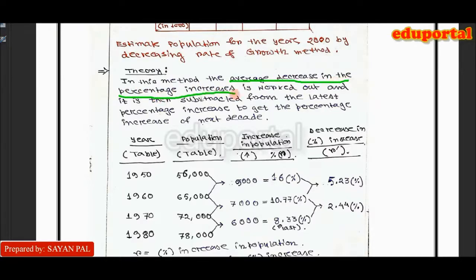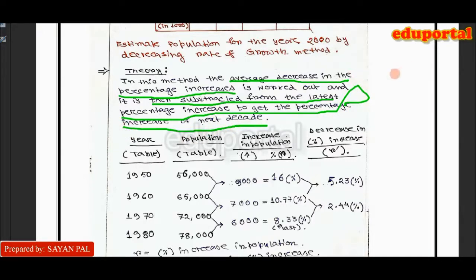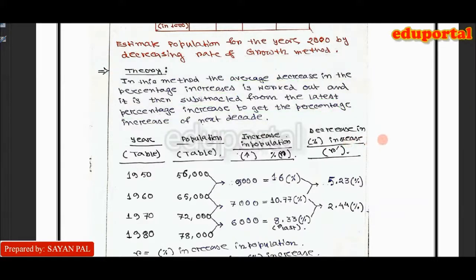That means we have to take the average of the percentage increases in various years, and then subtract it from the latest percentage increase, to get the percentage increase of the next decade. We will solve the problem and everything will be very clear. Let's solve.